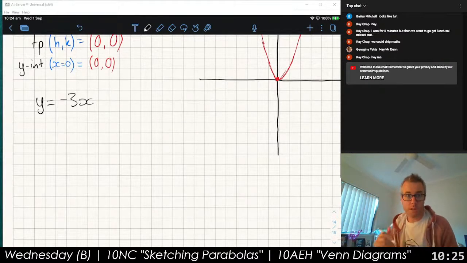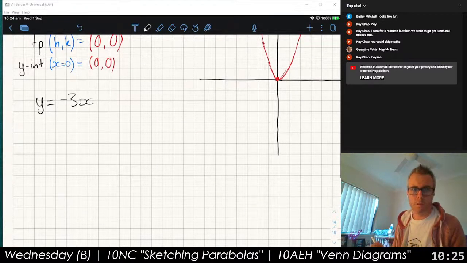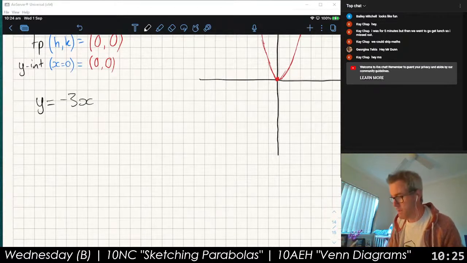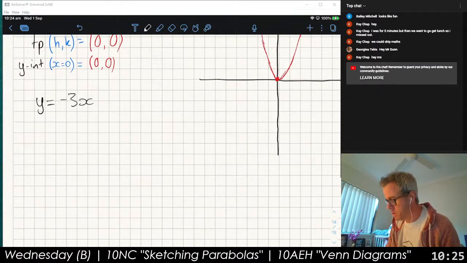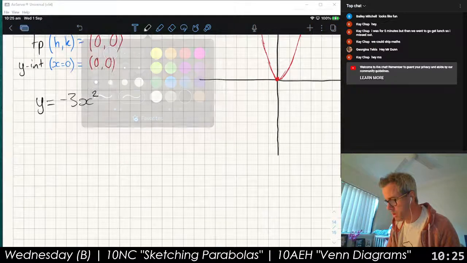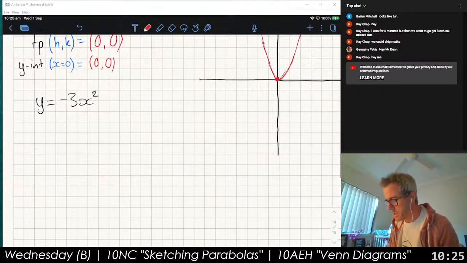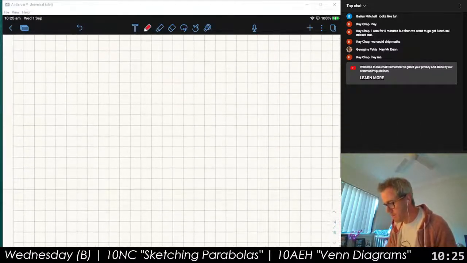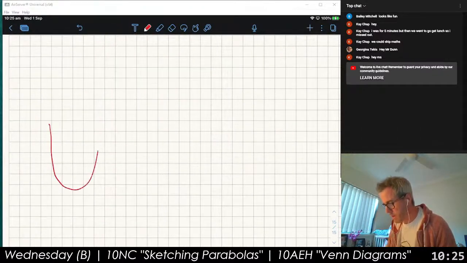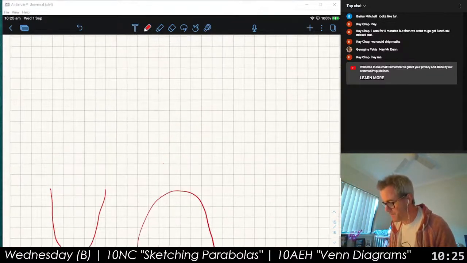The first thing you're going to notice is that we've got a weird negative sign at the front. I haven't delved too much into it, but all you need to know is that when you have a negative value like this, my parabola, instead of looking like this, is going to look like this. Let me show you.